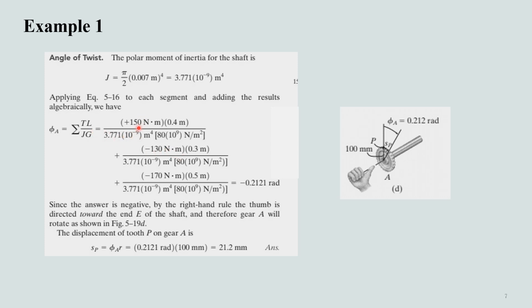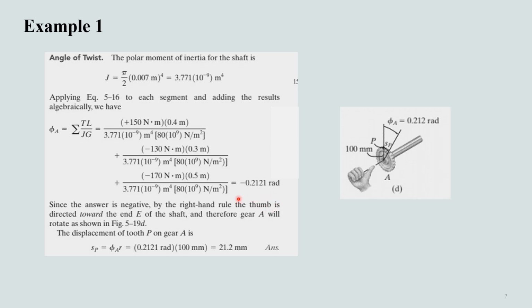So for the torque, we have 150 Newton meter, the torques that we have determined from the free body diagram for each of the segments, their corresponding lengths, and J and G are constant for each of the segments, and thus we have determined that the rotation of end A with respect to end E is this, minus 2.12 radians.